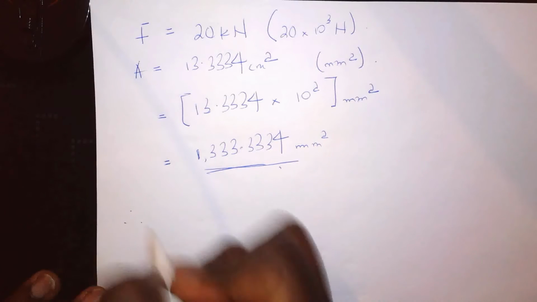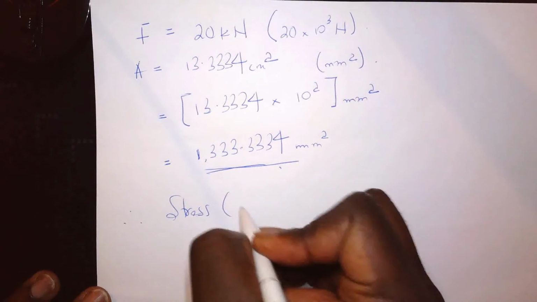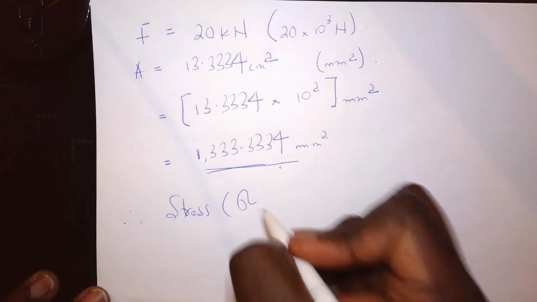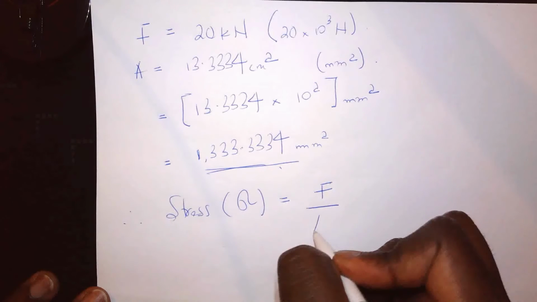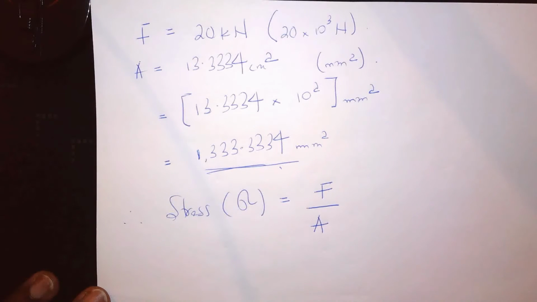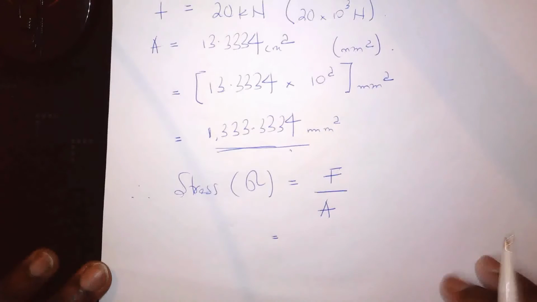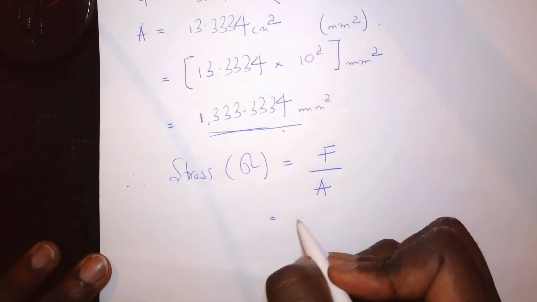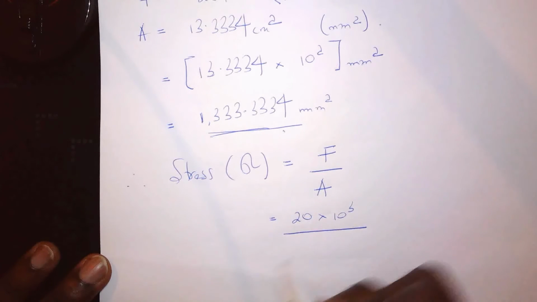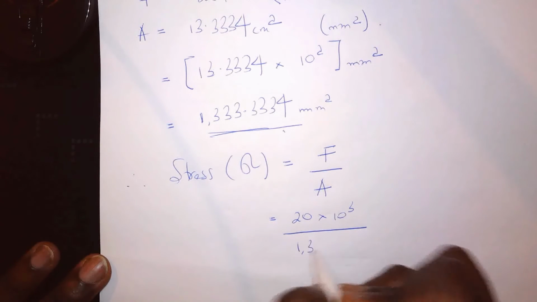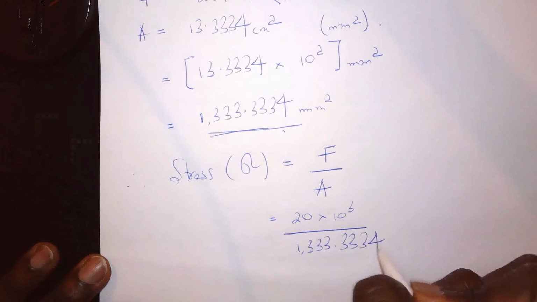Therefore, the stress, that is sigma, is equal to the force divided by the area. So this becomes 20,000 divided by 1,333.3334.